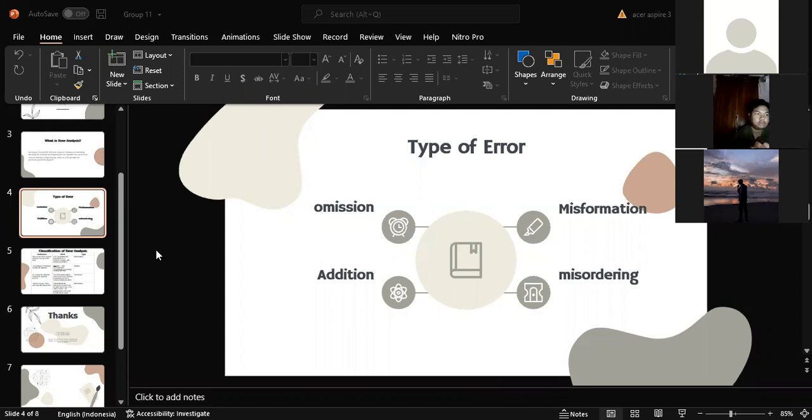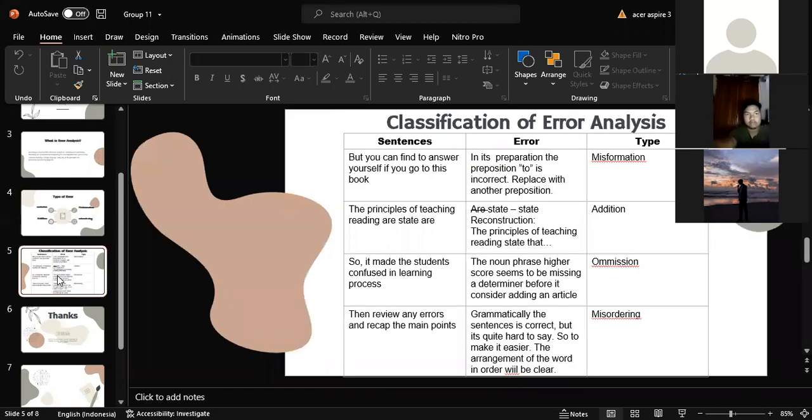Okay, next material is classification of error analysis. You can find the answer yourself if you go to this book. Error: in its preparation, the preposition to is incorrect, replaced with another preposition.